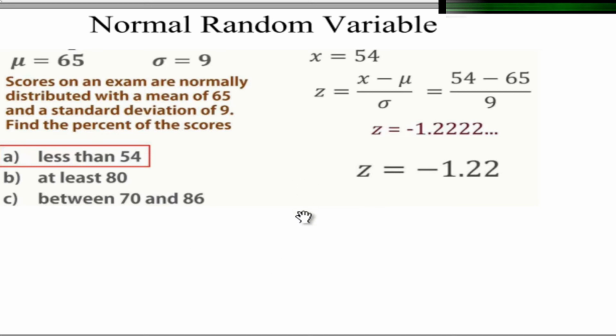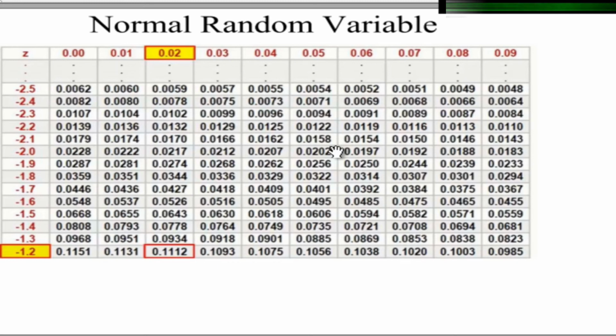How to calculate it? You have to go to the table, and in this table you have to find the value of minus 1.22. It doesn't have a value of more than 2 decimal points. So here you will have 1 decimal point, and after it the second decimal point.